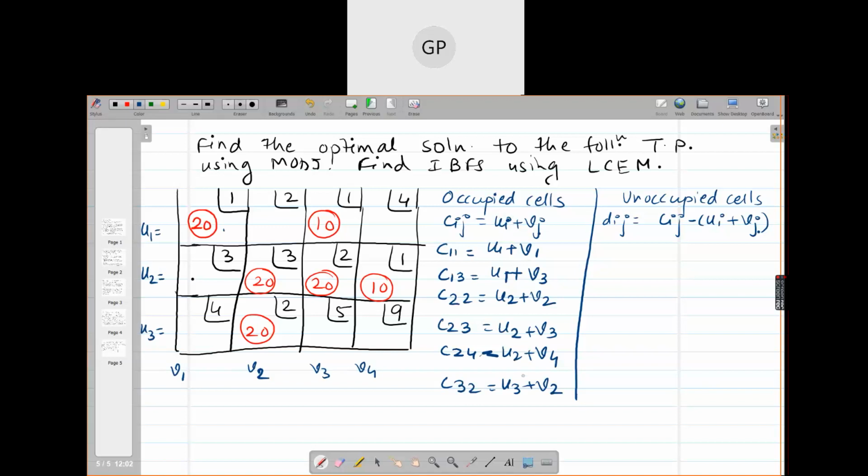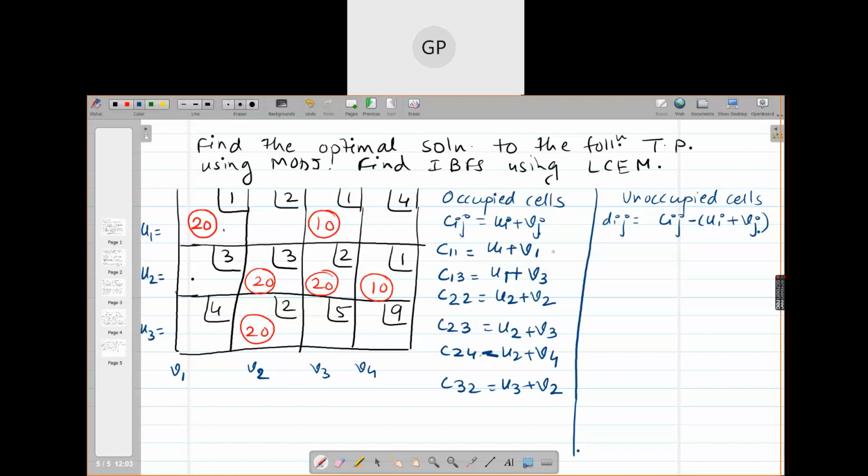So how many unknowns are there? Do you know these values right now? U1, U2, U3, V1, V2, V3, V4. So how many unknowns are there? 7.